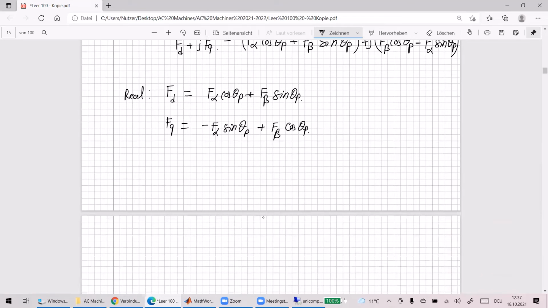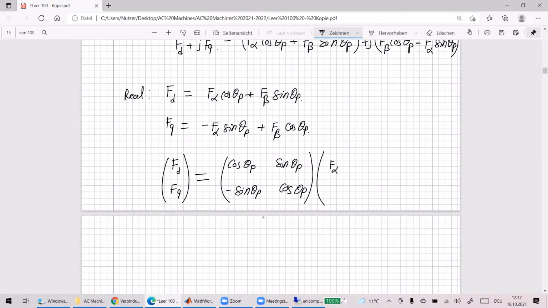And if you want to write in a matrix form, you can write like this: cos theta p, sin theta p, minus sin theta p, cos theta p times F alpha, F beta. Have you seen this matrix already?